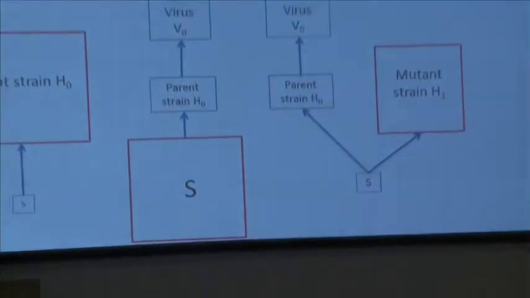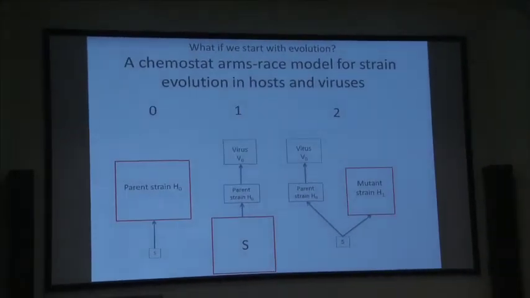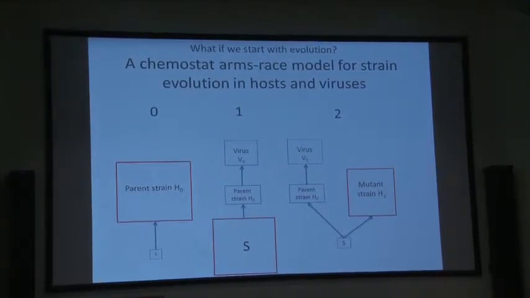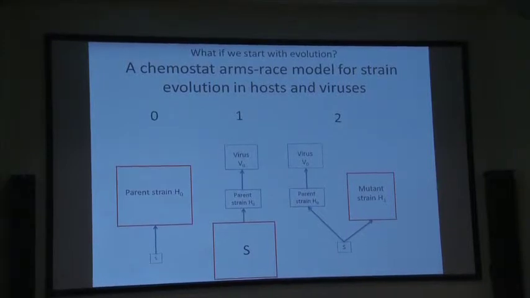Then this creates a niche for a mutation in the host, because there are free resources in it. So what you would expect is this thing, which is actually what many of the experiments show, that you get a system dominated by a resistant host. And the resources now have moved back, but not into the susceptible host, but into the resistant one. So the free resources, in a sense, move like this.